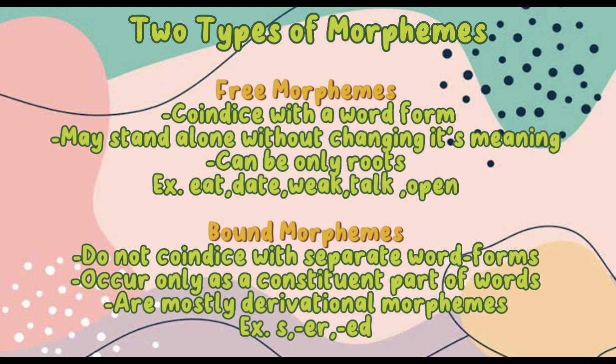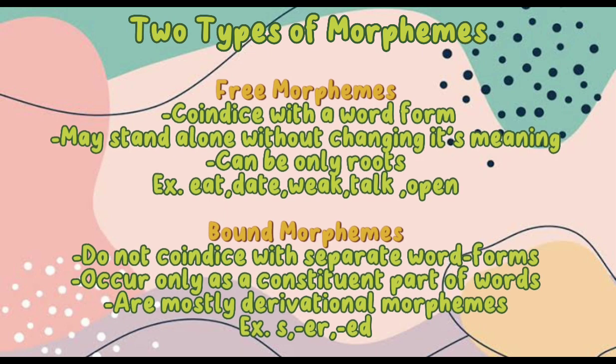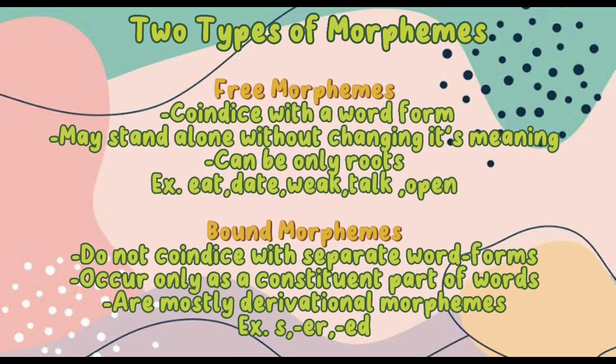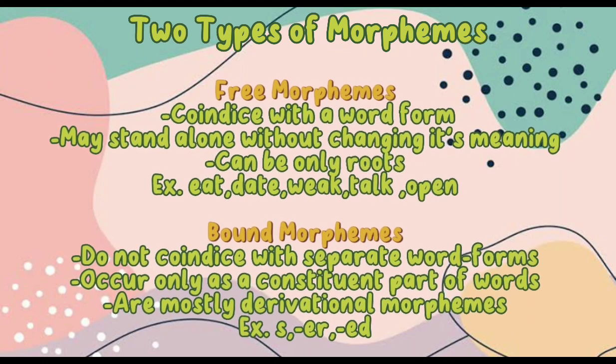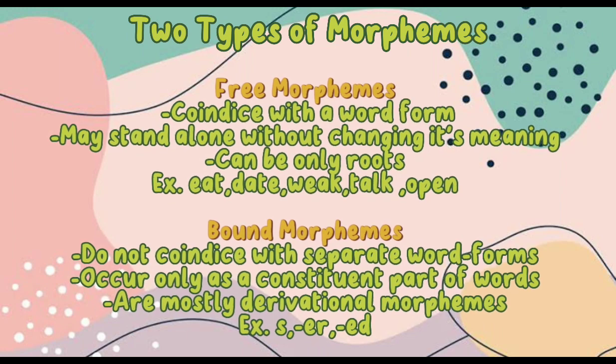They occur only as a constituent part of a word. They are mostly the variation morphemes. Examples of bound morphemes are ear, eat, ink, read. These are affixes.